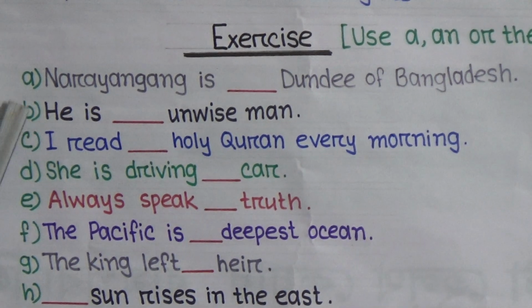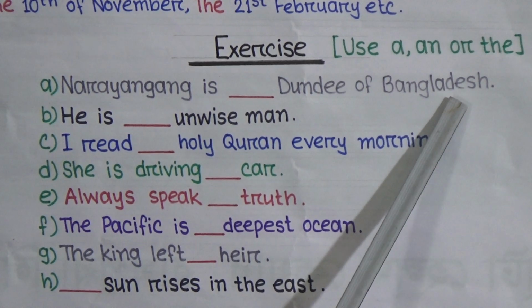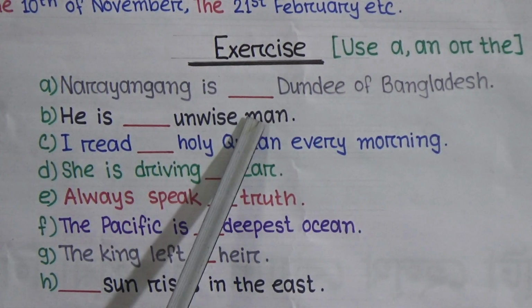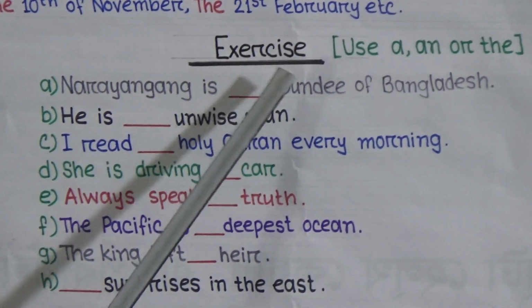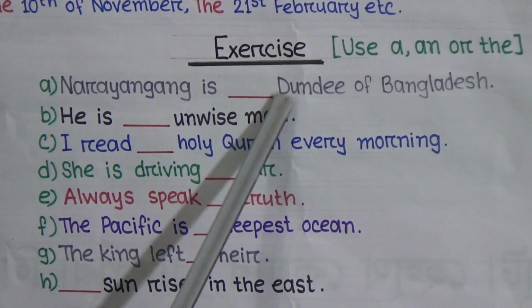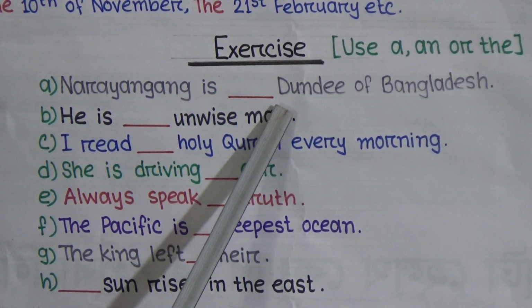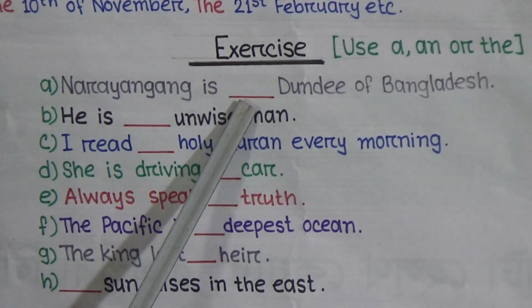First, number A, Narayanganj is dash Dandi of Bangladesh. So, can you guess which one will be correct here? Which article will be here? A, an, or the? Look here, I have written Dandi of Bangladesh, and it is in capital letter. So I hope you can guess which one, a or an, will be in this gap.